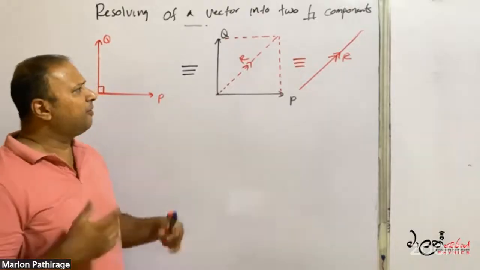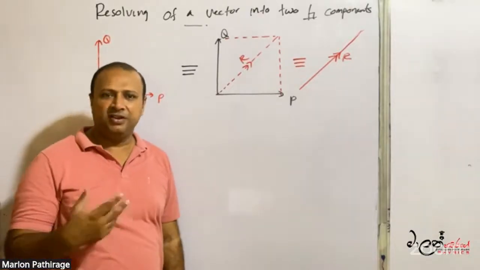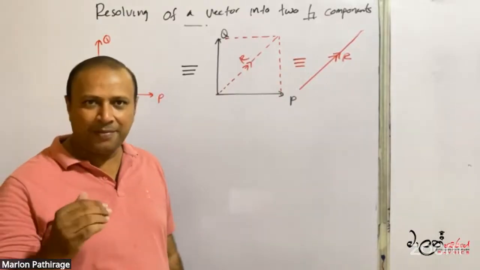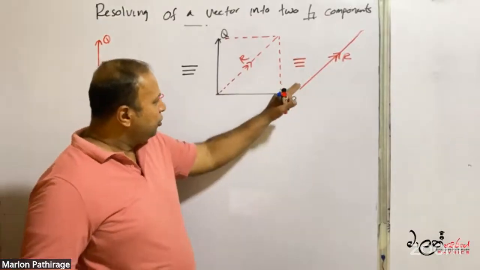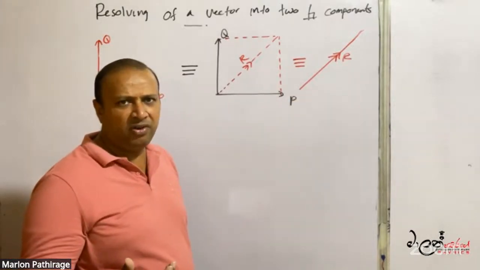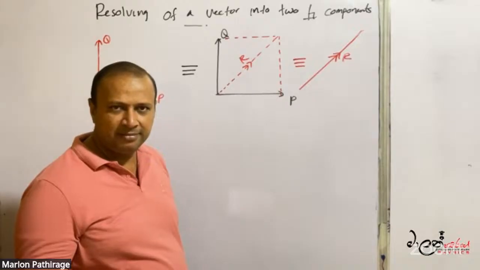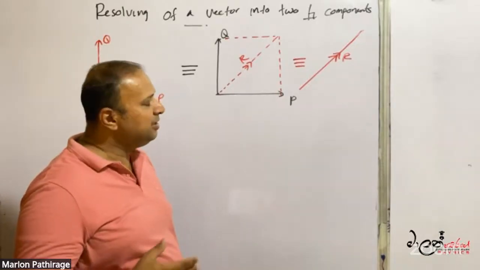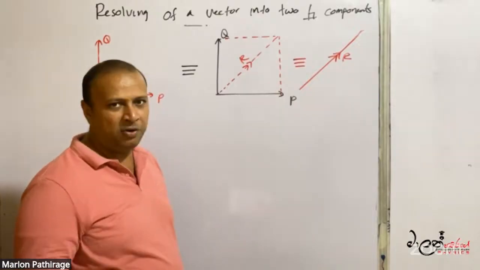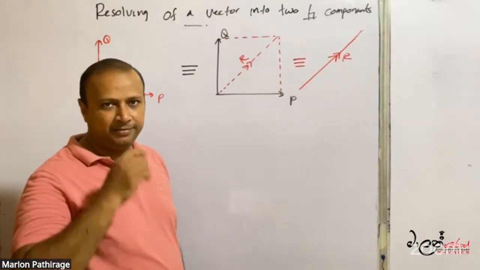So what is the requirement of that? If you are given this kind of vector, the direction of that vector is unknown, and it is very difficult to work with the direction.